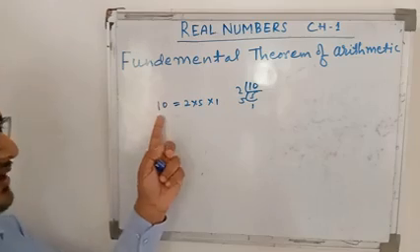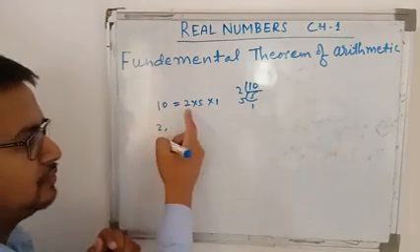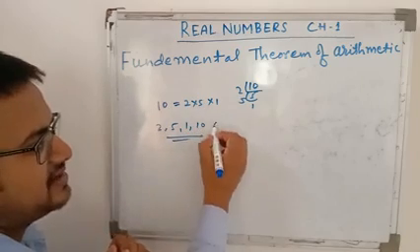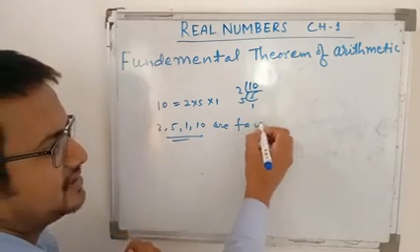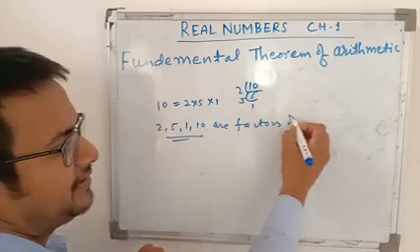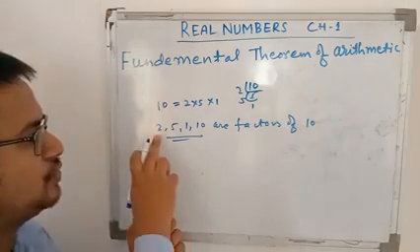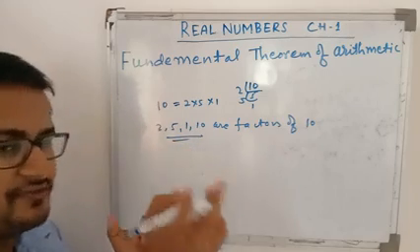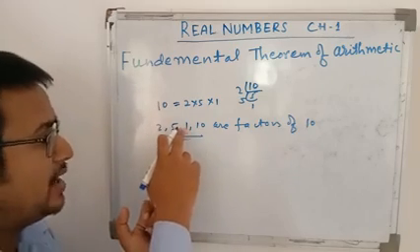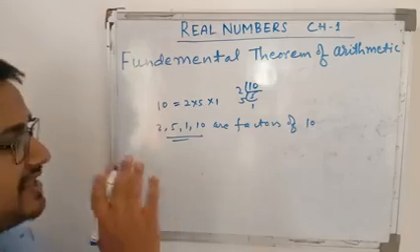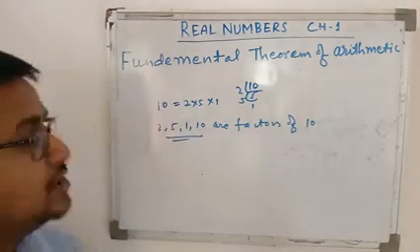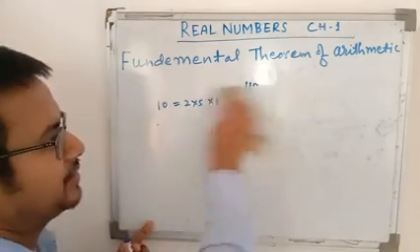So clearly 10 has 1, 2, 5 and itself 10 as factors. So 10 has more than two factors, and that's why 10 is a composite number.